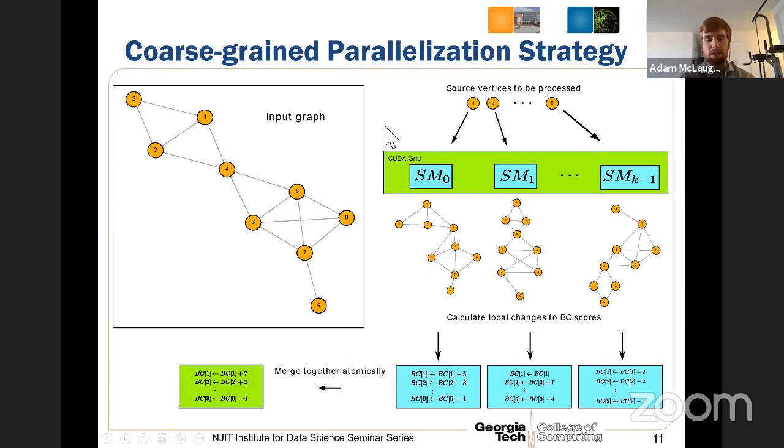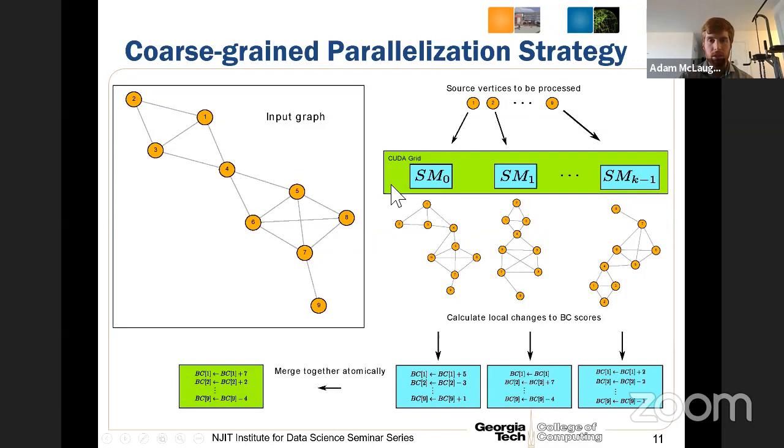Of course, in practice, the graphs will be much larger than the number of streaming multiprocessors. The number of streaming multiprocessors on a typical GPU these days is on the order of 50. So clearly you'll have more nodes than that. So you just loop over the streaming multiprocessors and they'll handle multiple breadth first searches sequentially per multiprocessor, but parallel among the multiprocessors.